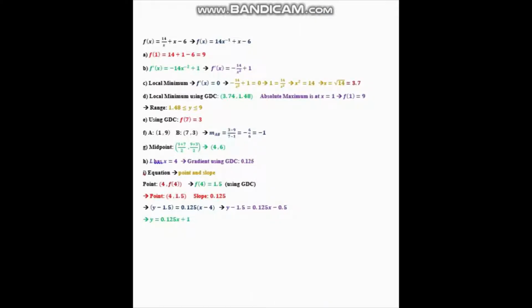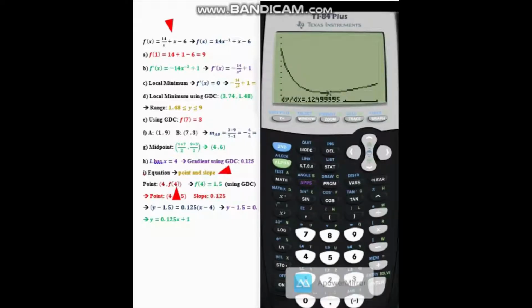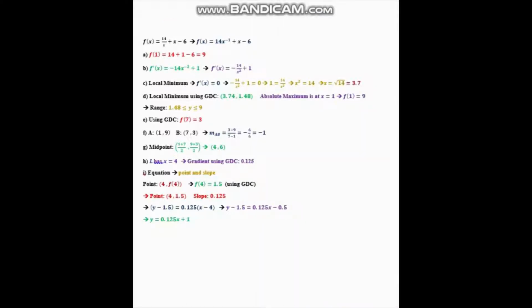To get the equation, you need point and slope, so we said we'll plug the 4 into the original function to get the value of y. So second trace, value, 4, and y is 1.5. So use the point slope formula with the values of y and the slope and the x. Then you expand, and there is your final answer, and we are done.